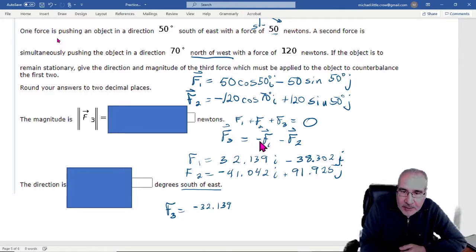Because it's the opposite, minus a minus, that's going to be a plus 41.042. That's going to be the i component.